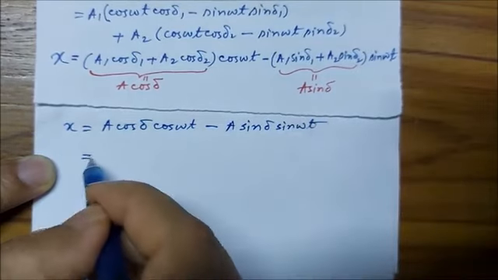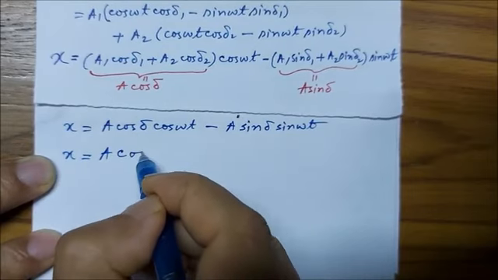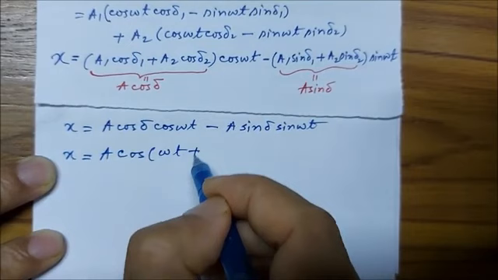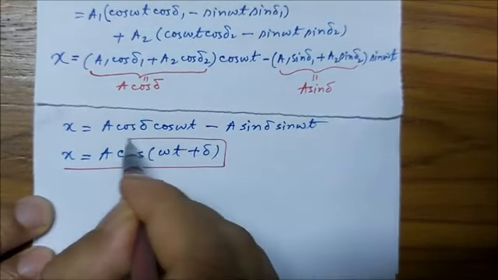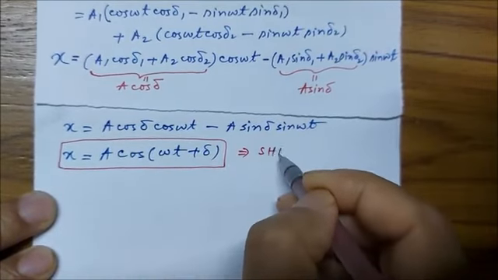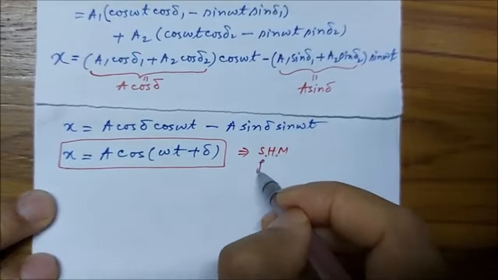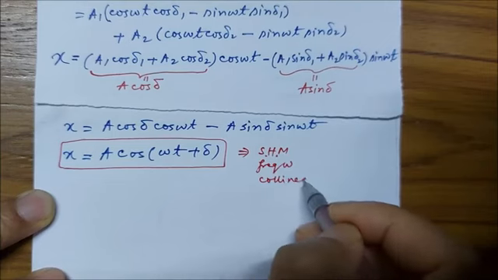And this gives us, if we take A common, and this is a simple harmonic motion of same frequency, and it is collinear.